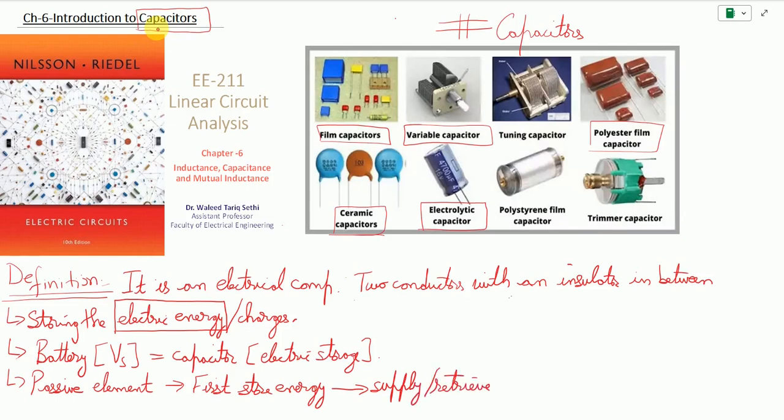to perform various functions. This is almost similar to the first storage element which we studied in our last lecture, the inductor, which is also a passive element. The inductor stored energy in the form of magnetic fields, and that energy was used to produce the induced voltage, which later worked with different objects.